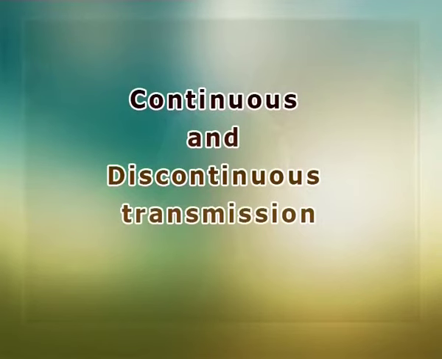Continuous and discontinuous transmission. Transmission of disease is said to be continuous when it occurs naturally by way of growth, multiplication and spread of the pathogen in an area or country where the disease is established.